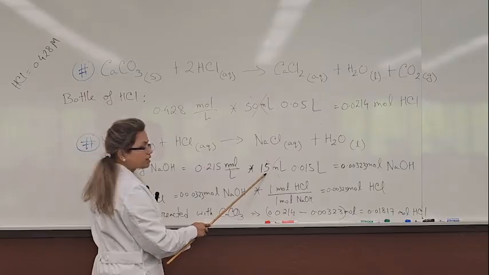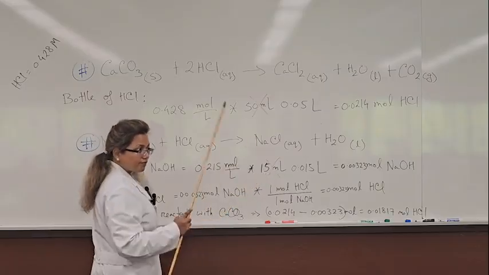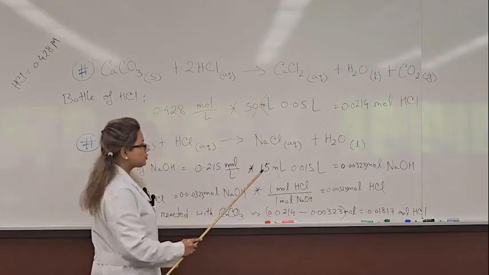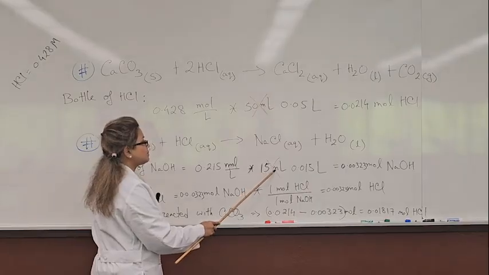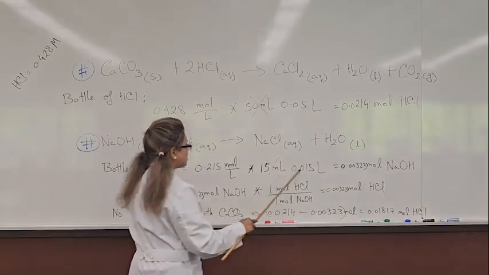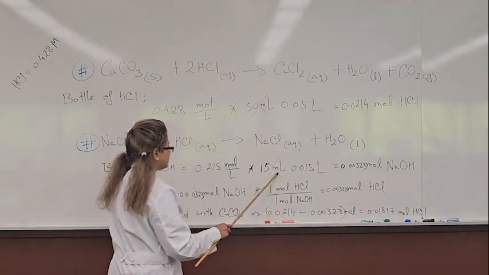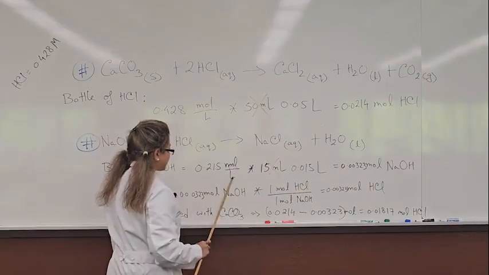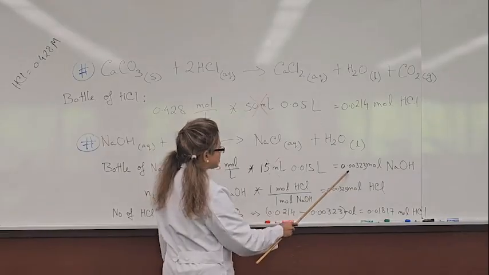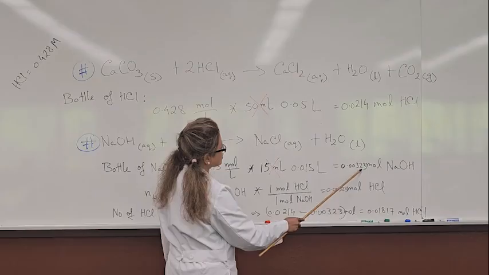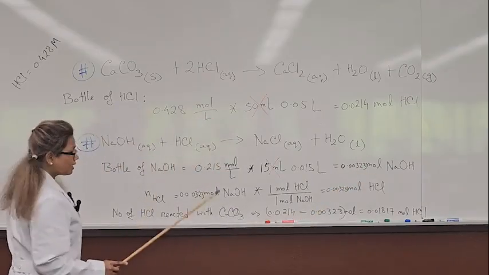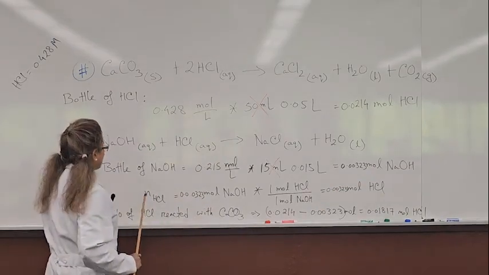The burette is 50 milliliter, but from that 50 milliliter of sodium hydroxide, I used only 15 milliliter. Same thing, I have to convert milliliter to liter so that I can cancel my liter and get my mole. So after doing the calculation, I get 0.00323 mole of sodium hydroxide I have used in this experiment.